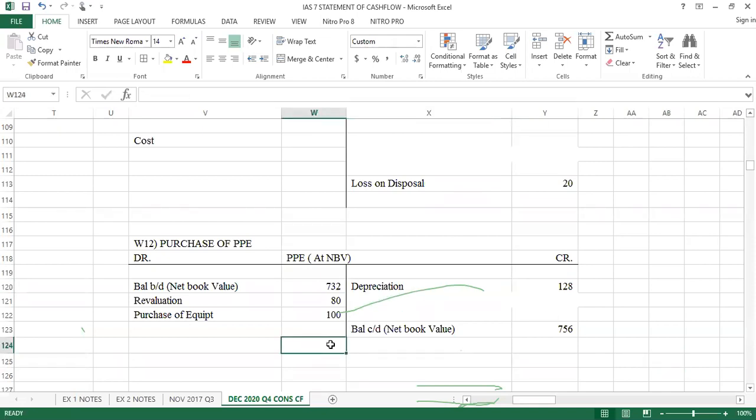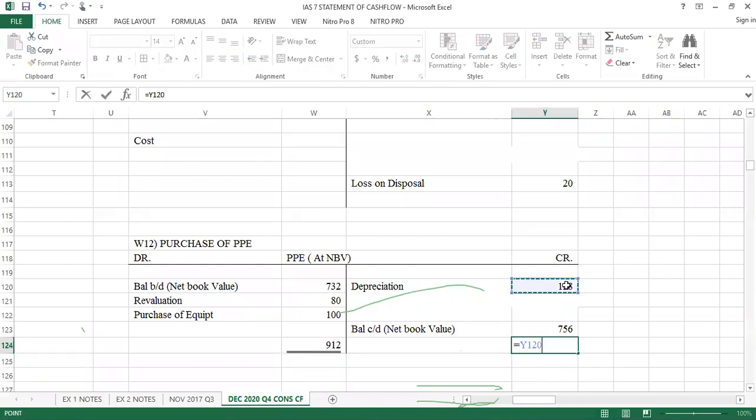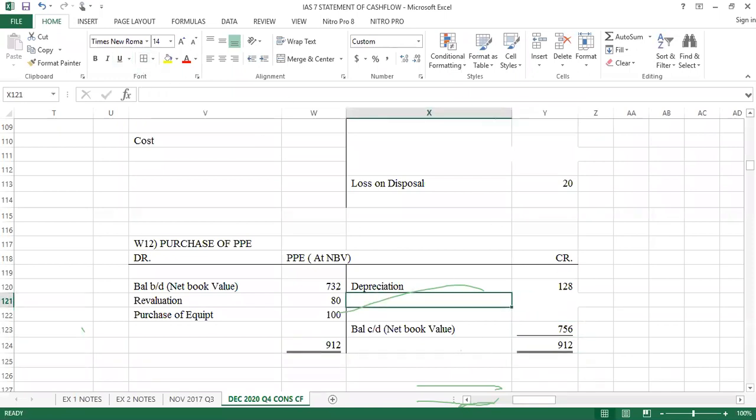Now with this, we can get the total. Let me test this first, plus that, I'm just testing. Let me also test this. I want to see which one is more. Yeah, 912 is more. So we'll put 912 here. In this case, the balancing figure becomes what was disposed.